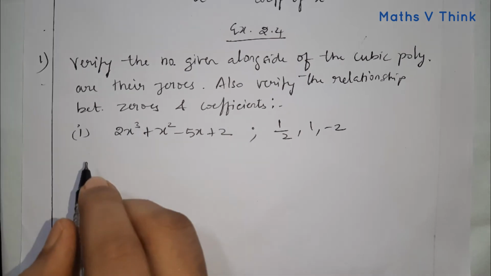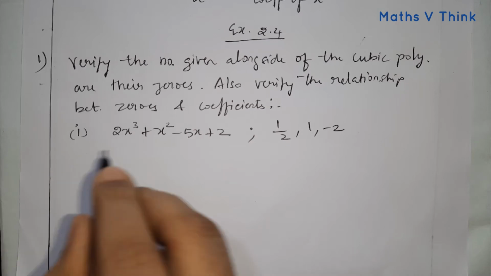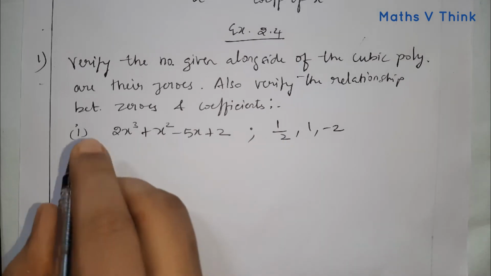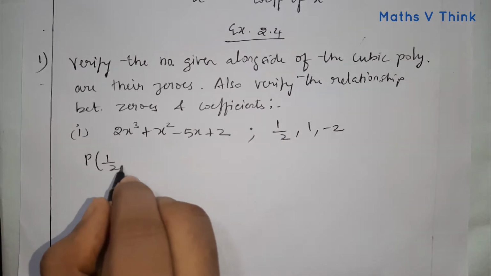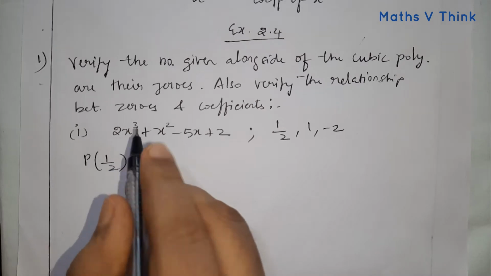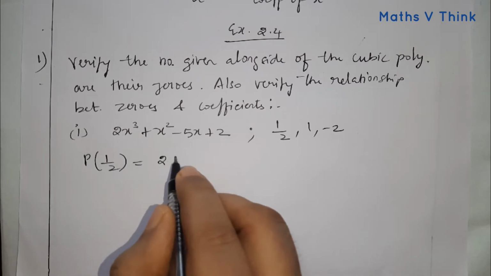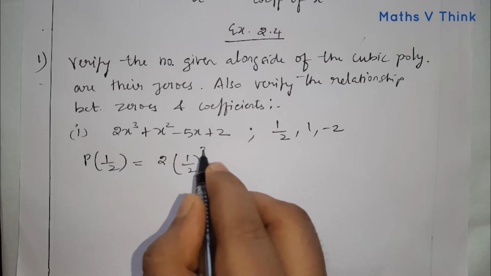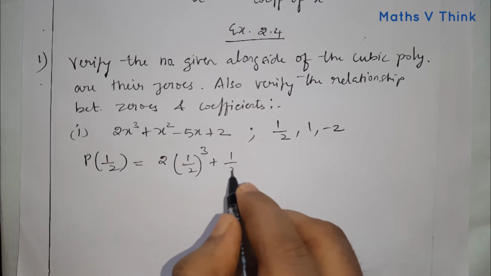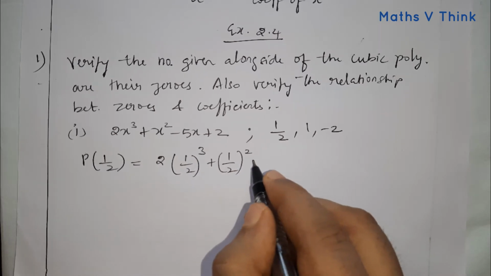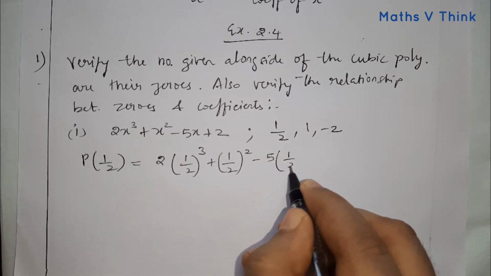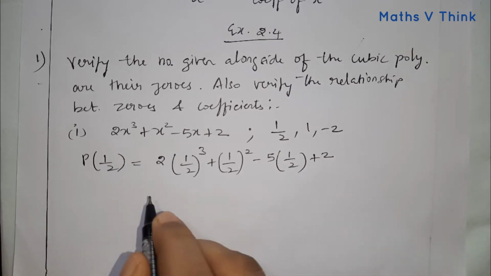So to verify whether these are the zeros, you need to substitute. Write p of 1 by 2, substitute in the place of x, 1 by 2. So 2 into 1 by 2 the whole cube plus 1 by 2 the whole square minus 5 into 1 by 2 plus 2.